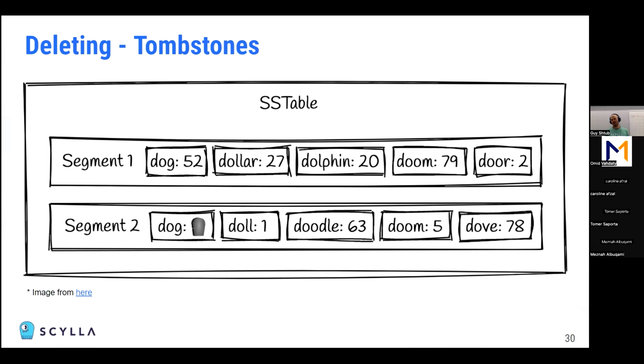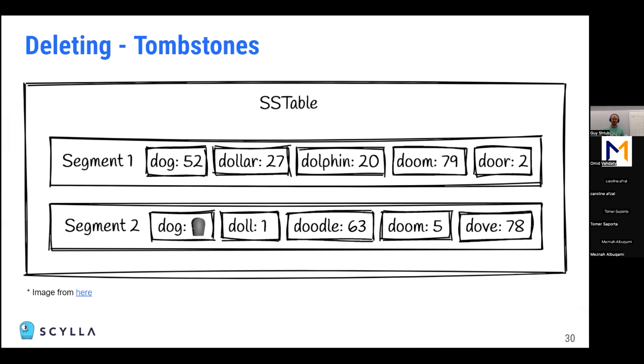When we actually delete data, say, in this example, the key dog had a value of 52. And then we receive the query, delete the value for the key dog.